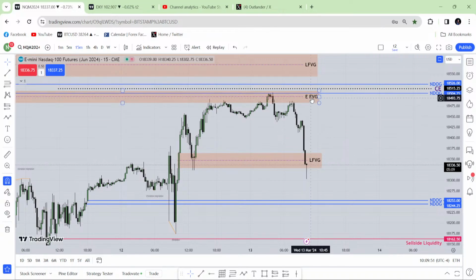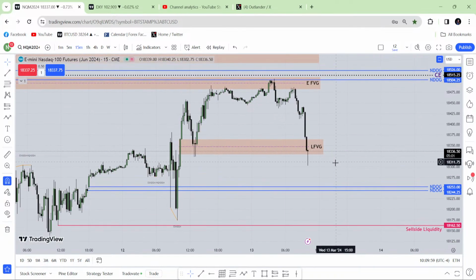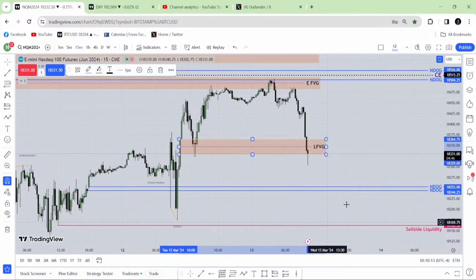If it starts to go higher, I don't care. I'm not willing to take a buy. I am only taking sell. If it starts to go higher, I will look at this fair value gap and that fair value gap. If it makes a fair value gap around that area, I will look at those. But I am only interested in taking sell. If it's broken, I'm still looking for sell.